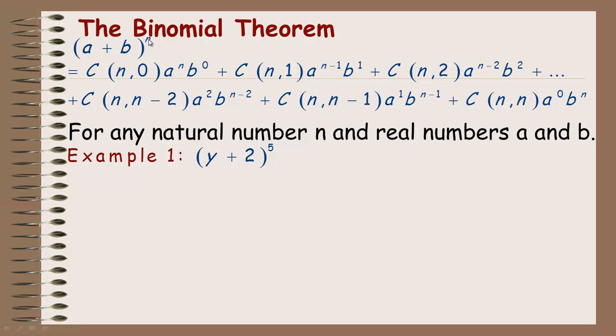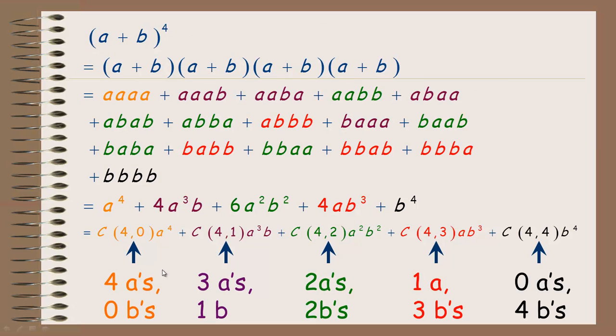So the exponent is n here, so every combination will start with an n. It's n choose something. And in the first one, we start out with a raised to the power of n, b raised to the power of 0. Just like in the previous page, where it was the expansion of 4, a starts at the power of 4 and goes to 3, and then 2, and then 1, and then a to the 0. b starts out with an exponent of 0, so there's no b here. b to the 0 is 1.